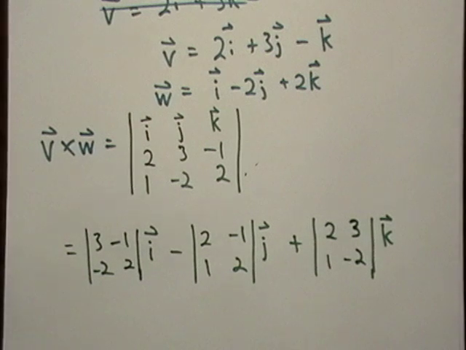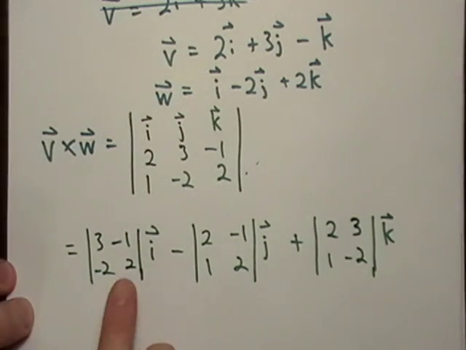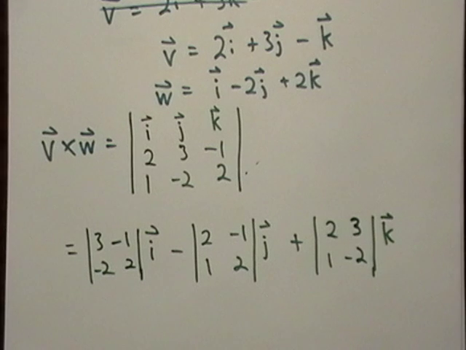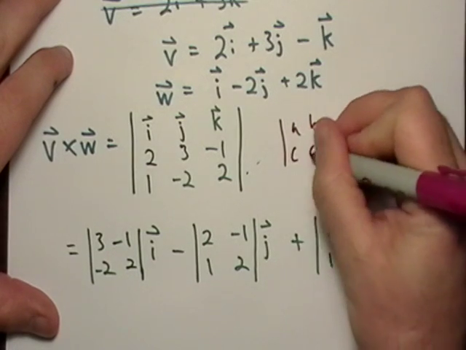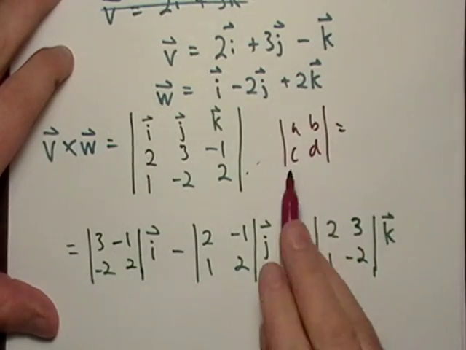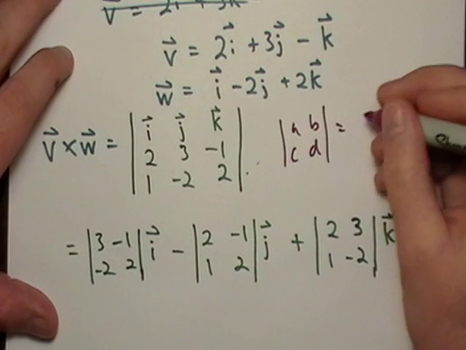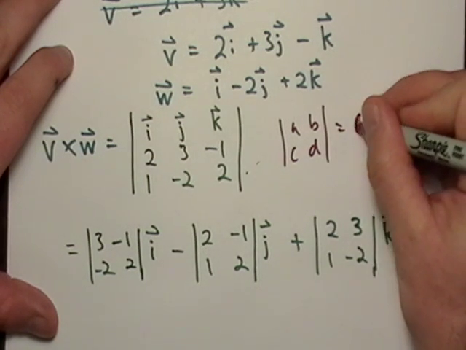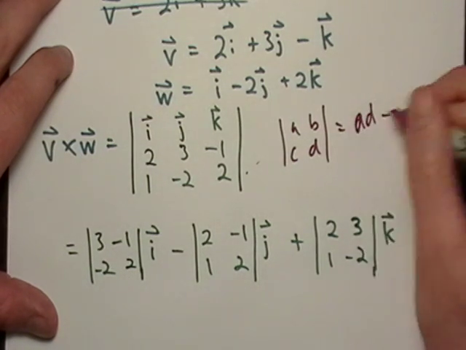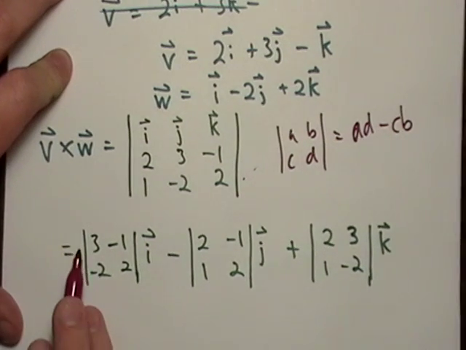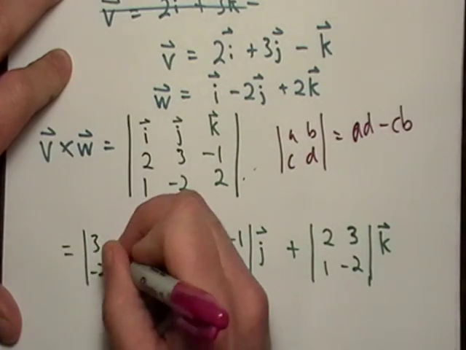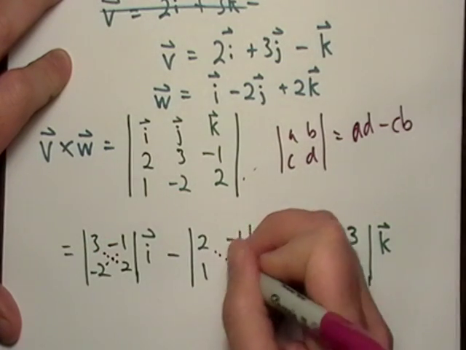Now it kind of looks like a vector, but we have these big boxes full of numbers. The next thing we're going to do, whenever you see a little 2x2 determinant matrix with A, B, C, D, this means A times D minus C times B. So we'll go diagonal minus the other diagonal.